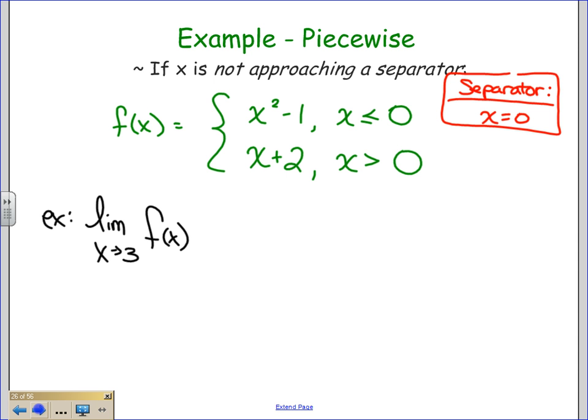What I'm caring about is what's going on at 3. Where would I look to see what's going on at 3? Domain restriction: 3 is greater than 0, so can I just plug in and solve? Yeah, of course I can. So if I just plug in, what is f of 3? 5.